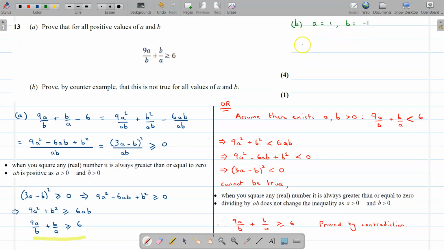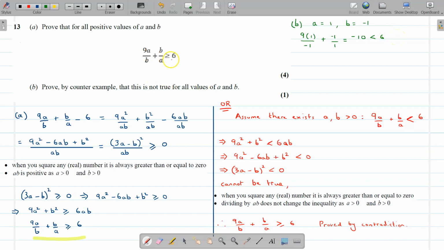We would get 9 times 1 divided by -1 plus -1 over 1, and that would equal -9 minus 1, so it will be -10, and -10 is less than 6.